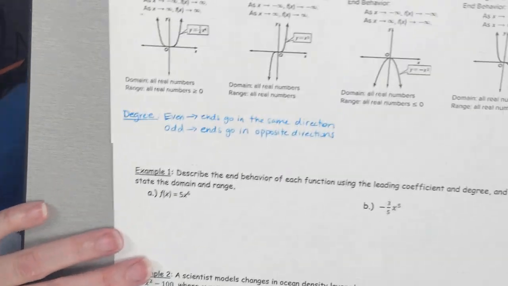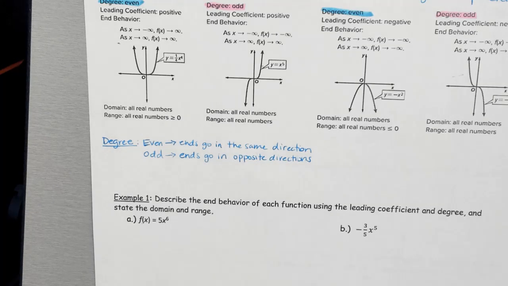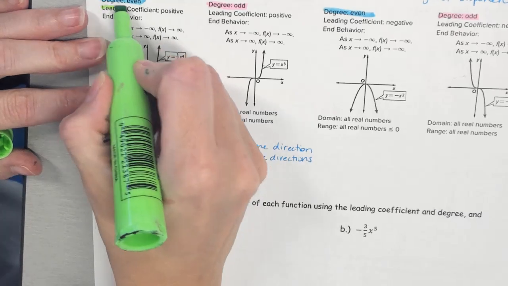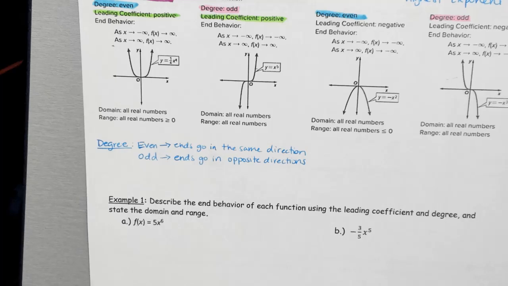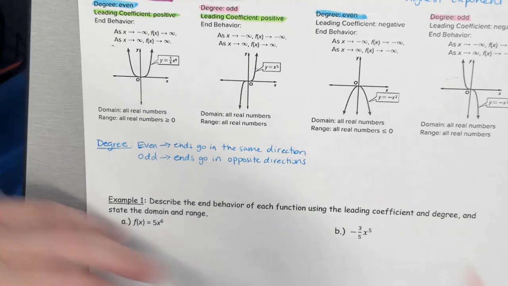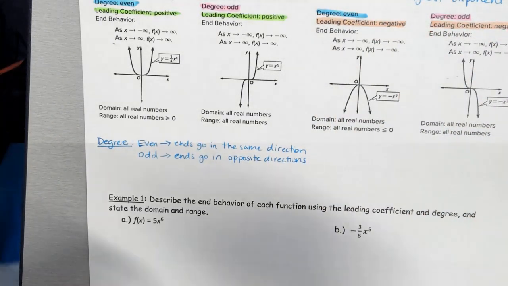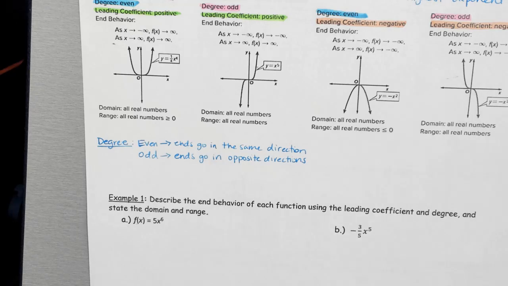All right, now the other thing that they notate in these graphs is the leading coefficient. So the leading coefficient can either be positive or negative. That's what you're going to look at. So in the first two, the leading coefficient is positive. In the second two, the leading coefficient is negative. So again, I want you to come up with some type of rule. So every time you know the leading coefficient is negative, what happens?